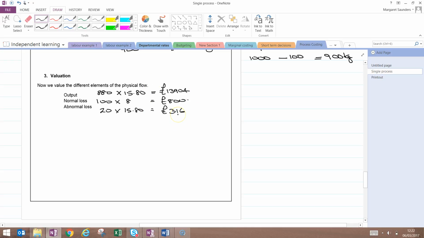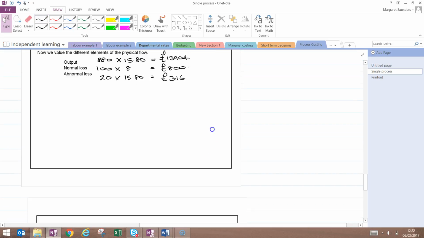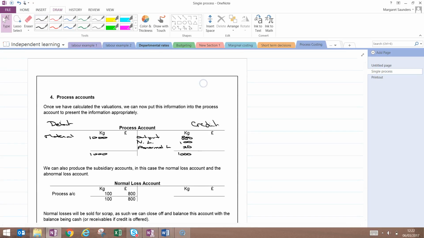So we're just transferring these figures into the credit side of the process account. And if we add that up, it comes to 15,020.